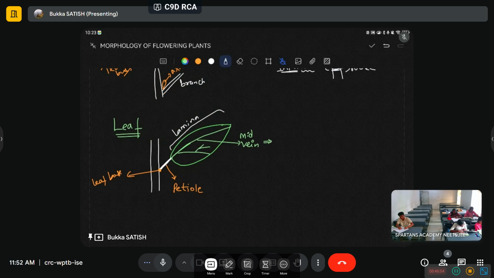So this main midvein will divide into veins and then into veinlets. Basically, all this is the branching network of veins. The specialty of these veins is that vascular tissue is present in them only. Xylem and phloem, complete vascular tissue, is present inside the veins and veinlets only.